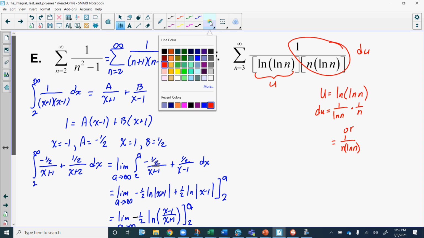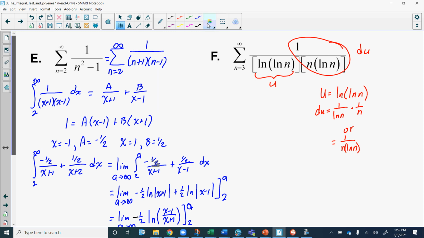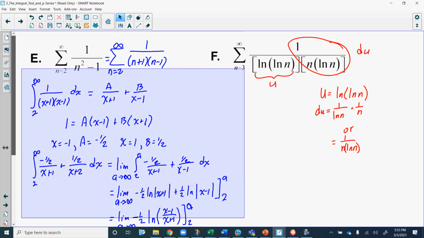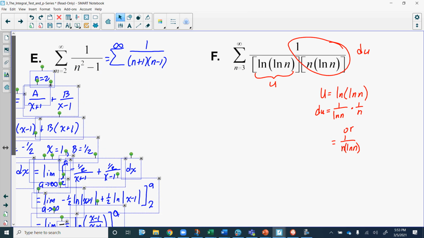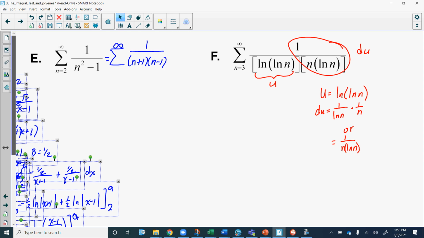So let's get started on that, and let's pick something that's not going to blend with everything else here. Let's do green. I haven't done green yet. All right. So looking here, I can probably just move this stuff out of the way because we don't need it for this problem.